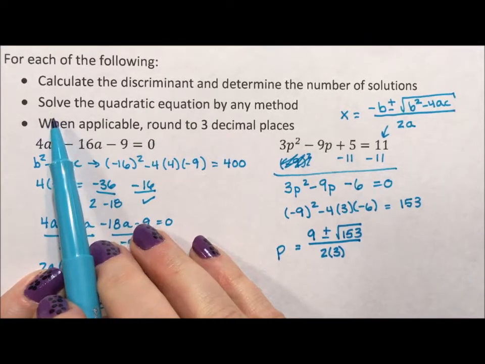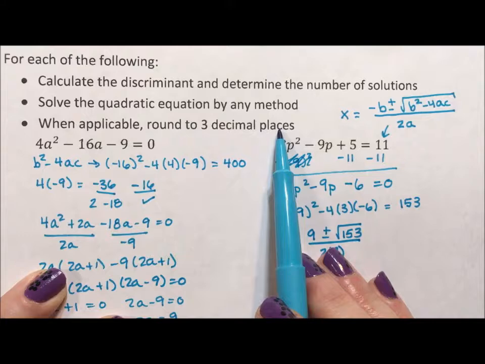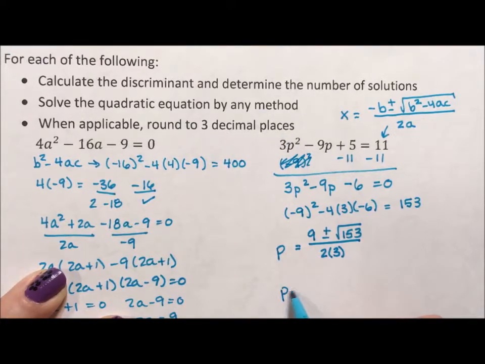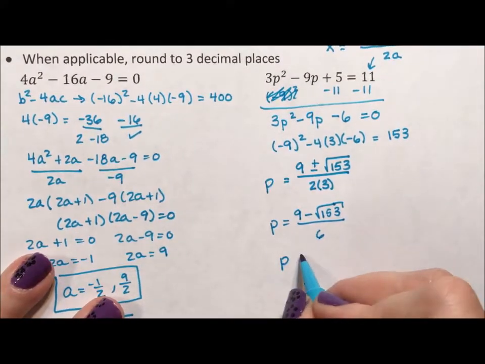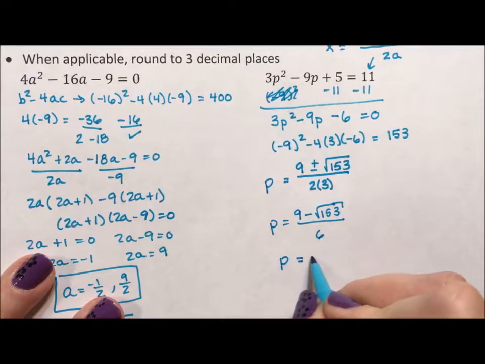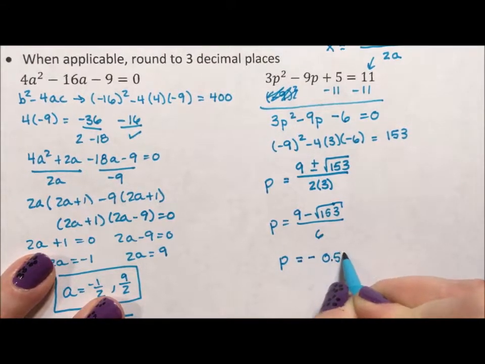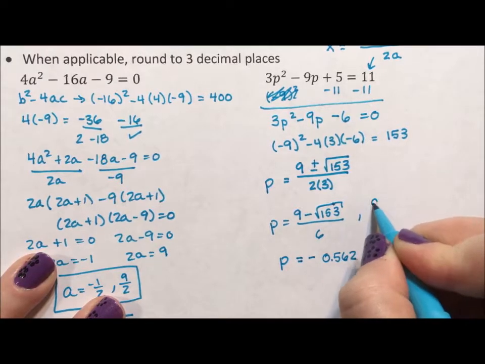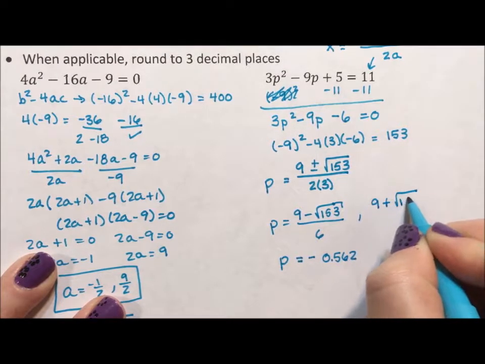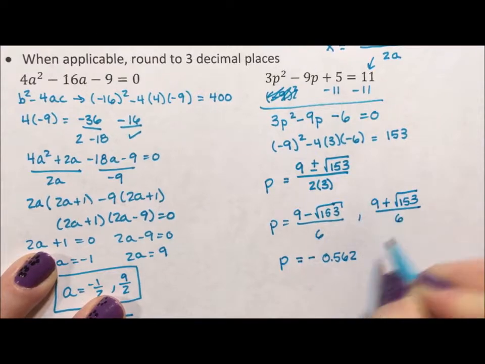Now it says, when applicable, round to 3 decimal places. p is equal to 9 minus the square root of 153 all over 6, which, if we put this into our calculator, we get that this is negative 0.562.